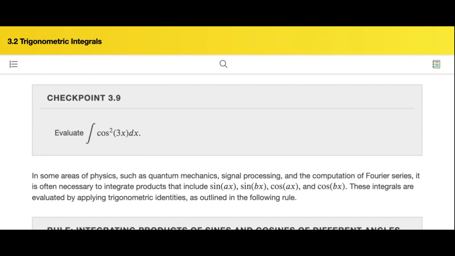Remember, cos squared is half plus half of cos of double the angle.